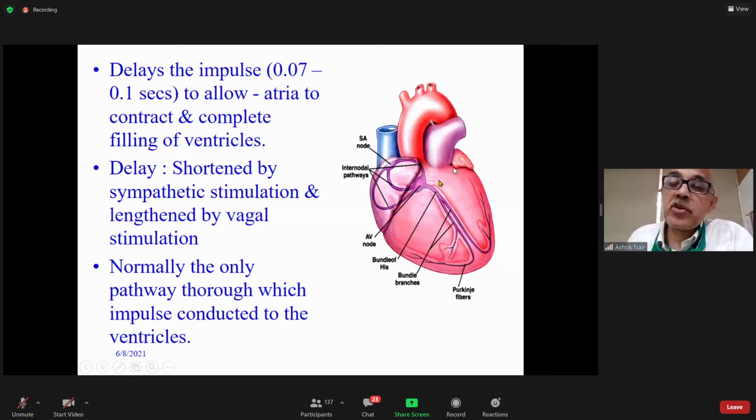In a normal individual, this is the only path because the atrial musculature and the ventricular musculature are separated by a fibrous network. So the atrial musculature, which is getting depolarized, the impulse will not go to the ventricles. The only electrical pathway between the atria and ventricle is through this AV junction and bundle of His.